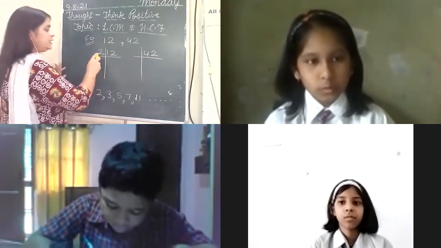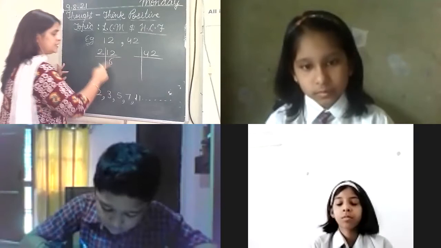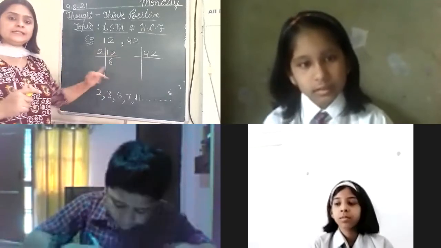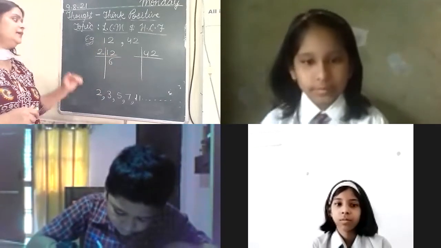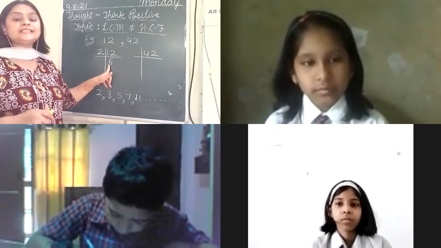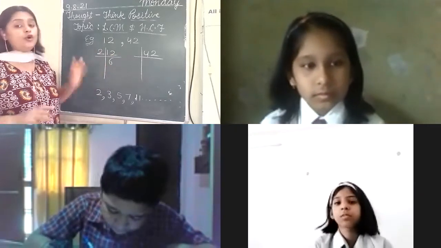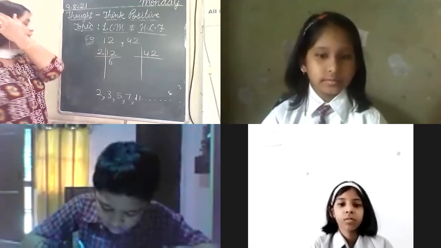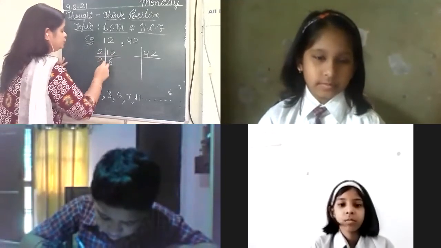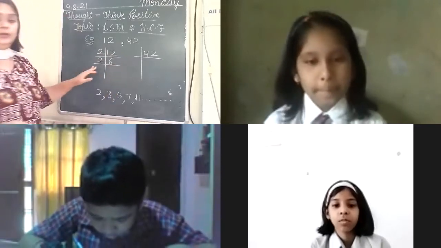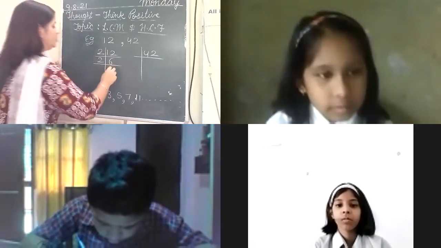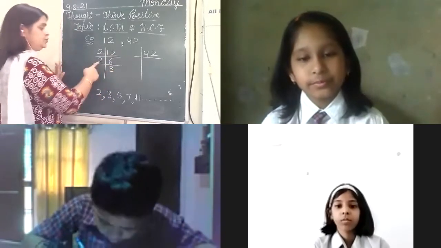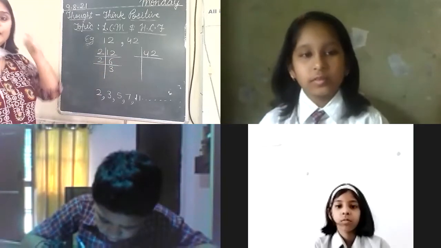So here it comes 6. 6 2s are 12. Okay, so again here we are going to check that 6 is divisible by 2 again or not. Yes, ma'am, again it is possible. So we are going to divide it like this. 3 2s are 6. So your answer will be 3 here.